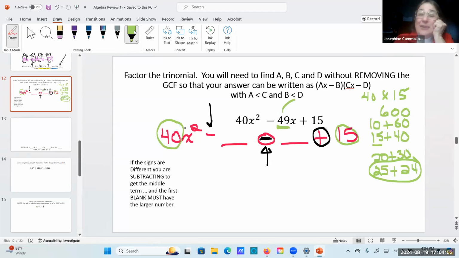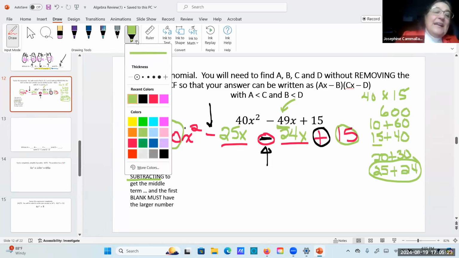That gives me 49. So that means I'm going to put 25x here, 24x here. Now, can I switch it and put 24x in the first blank? Yes. When they're the same, it doesn't matter. But if you subtract, the bigger number always goes in the first blank.